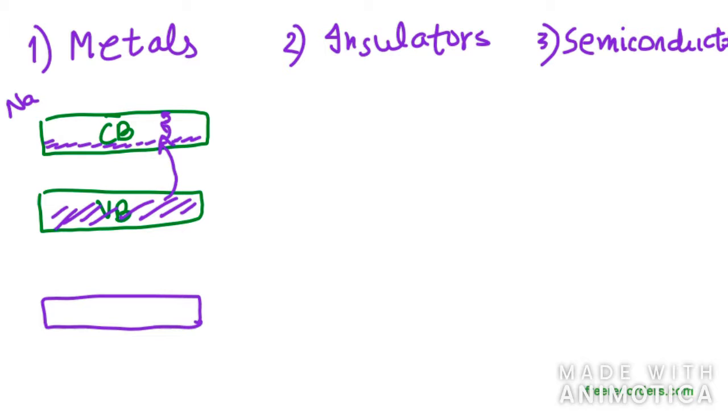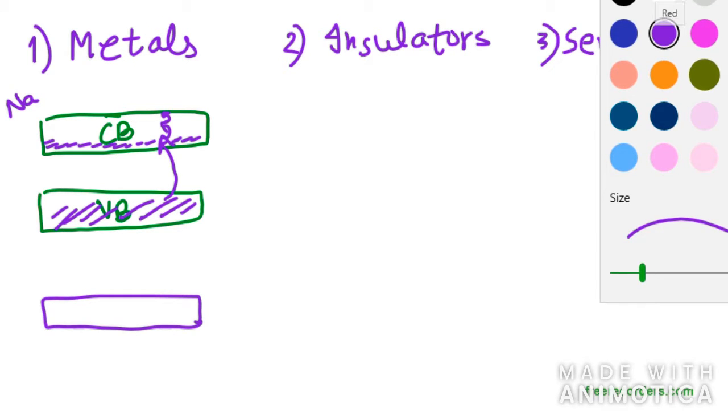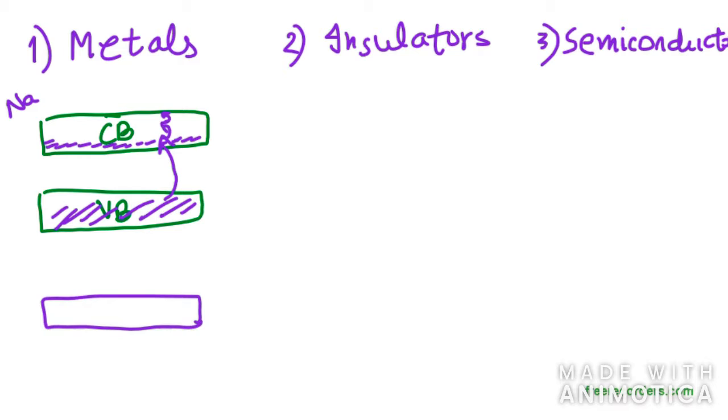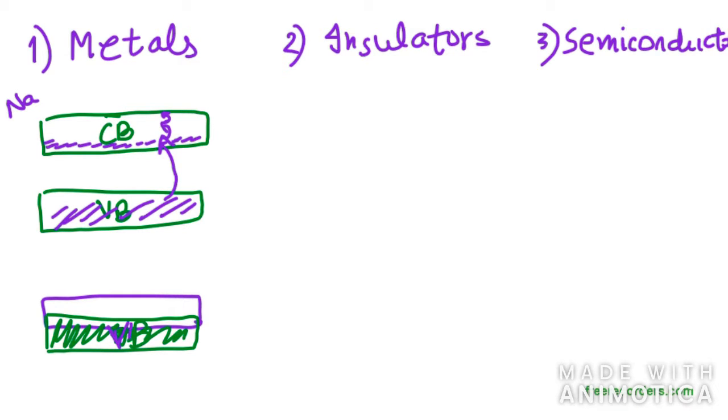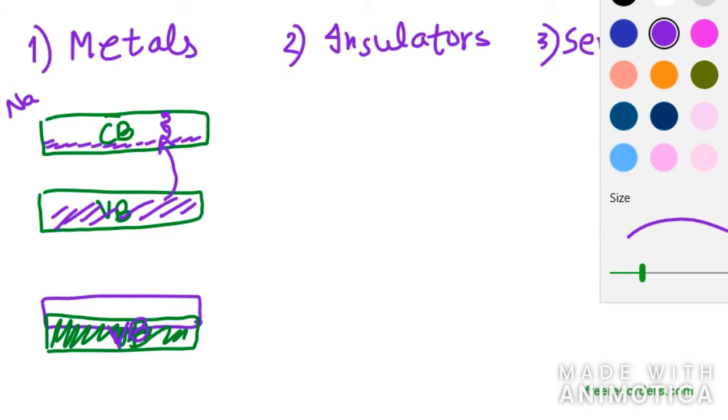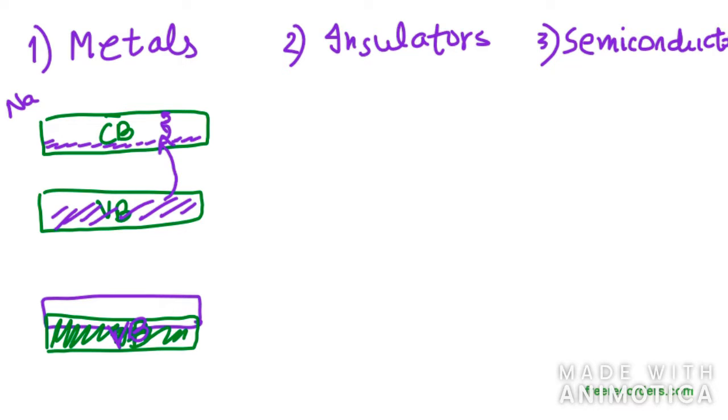In this, we have a valence band and a conduction band. The valence band is completely filled, but the conduction band is empty. As you can see, we don't have an energy gap between the conduction band and the valence band, so the electrons are readily allowed into the conduction band.